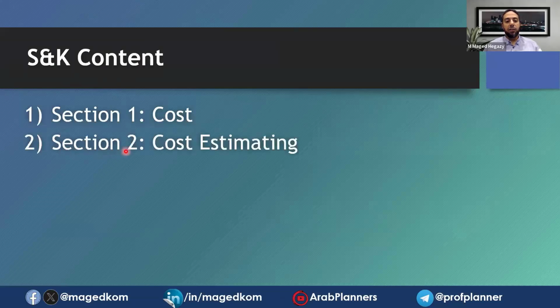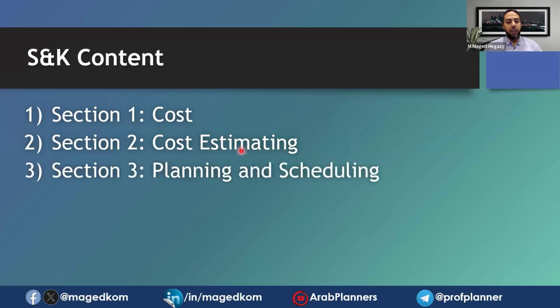Then the second section is cost estimation: how to do cost estimations and what the elements of the cost are, so you can know all elements and not miss anything, because sometimes we may focus on a certain element and miss some data about the calculation of the cost of these main elements. So this section covers all elements of cost, how to estimate them, and how to do an appropriate estimation report at the end.